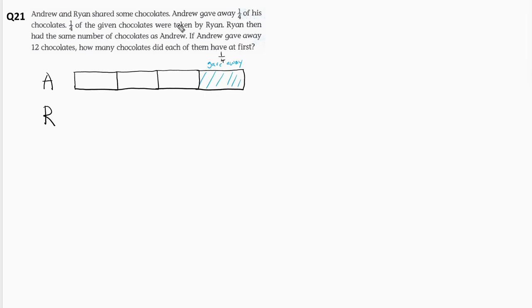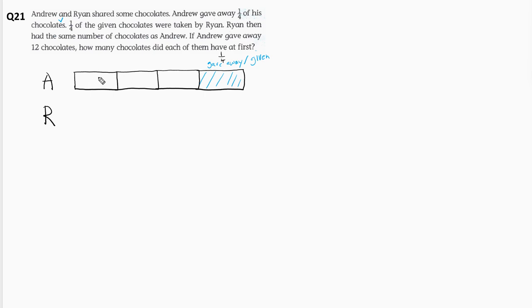All right, so I've captured that bit of information now. The next bit, and this is where we have to be really careful: a quarter of the given chocolates. Now that means these are the ones that were given, or gave away. The quarter of the given chocolates were taken by Ryan.